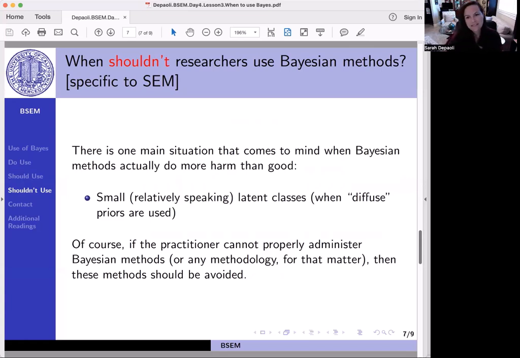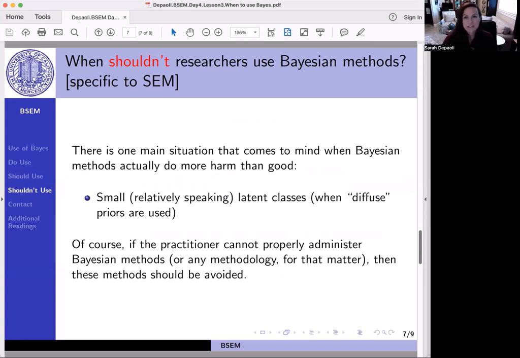I'm inclined to think that Bayesian methods, if used properly, can be comparable to or outperform traditional methods in most situations. However, there is one case where I strongly advocate against using Bayesian methodology.